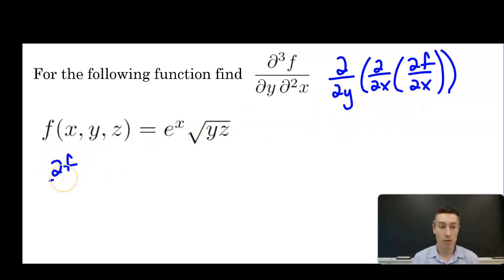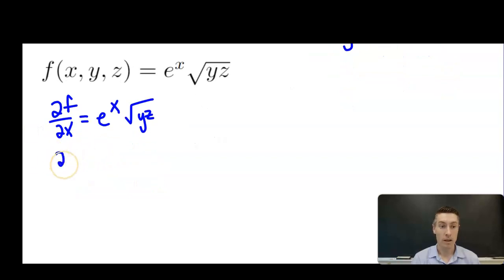So the first order partial with respect to x is e to the x squared of yz. So that works out nicely. The second order partial with respect to x again is still e to the x squared of yz.